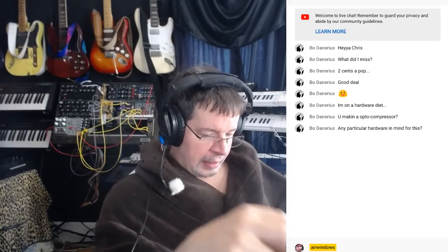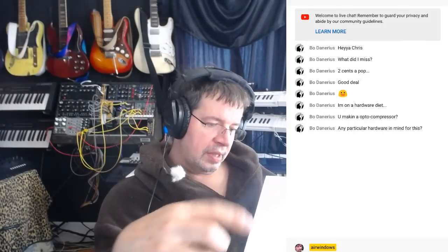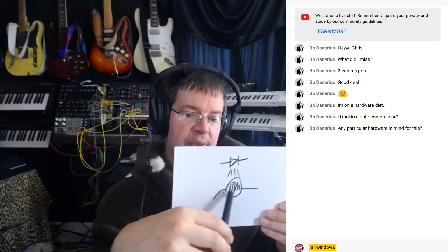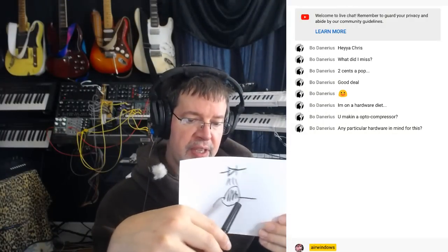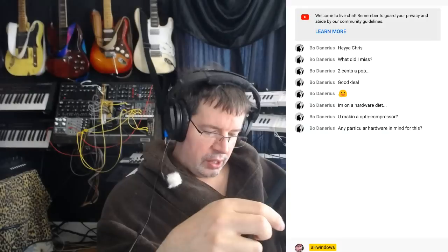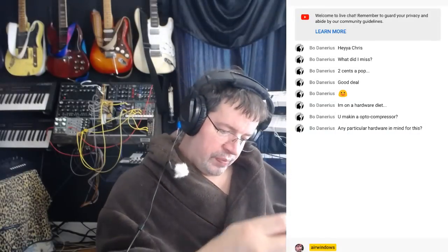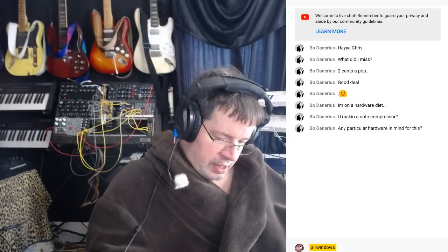Here's the thing. You can make a mixer out of a series of these, and it's a voltage-controlled mixer because it's controlling the resistance. You could do this.